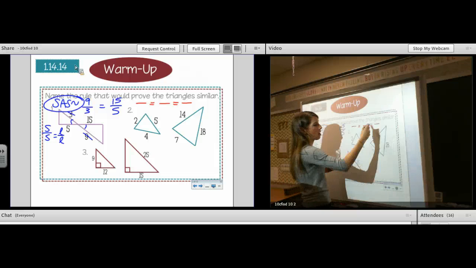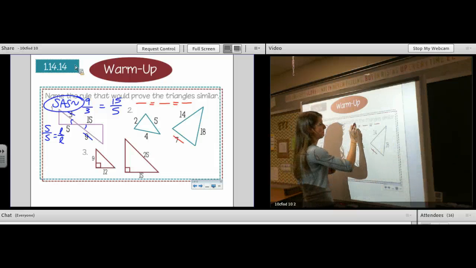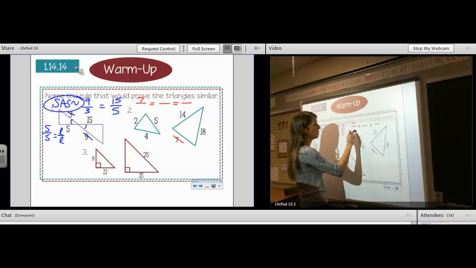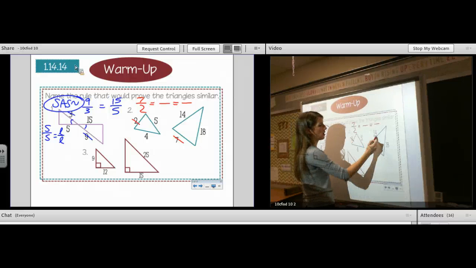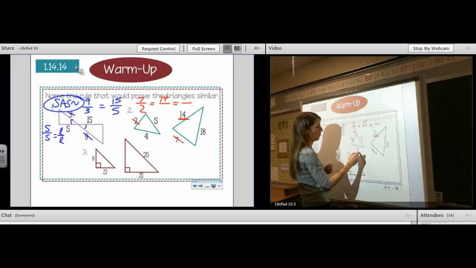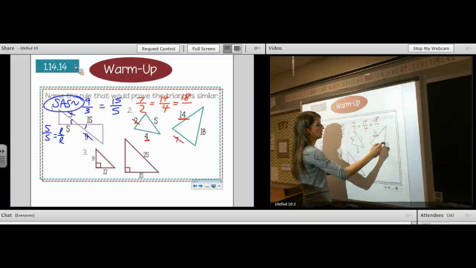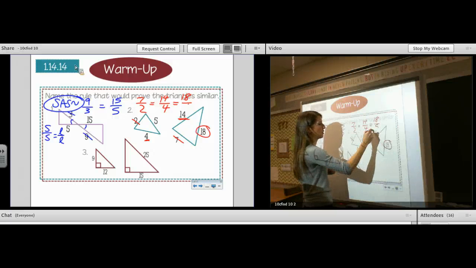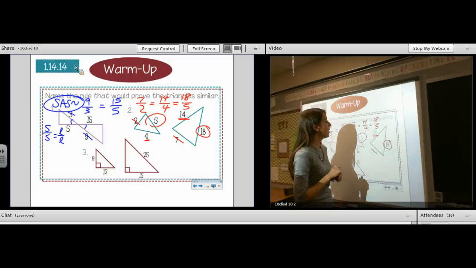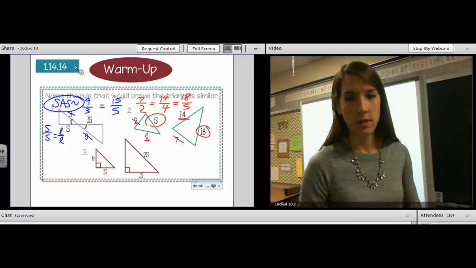So let's pick the smallest one from here, 7. Smallest one from here, 2. Medium one, 14. Medium one, 4. And large, 18. Circle it. And large, 5. So you would divide those out.